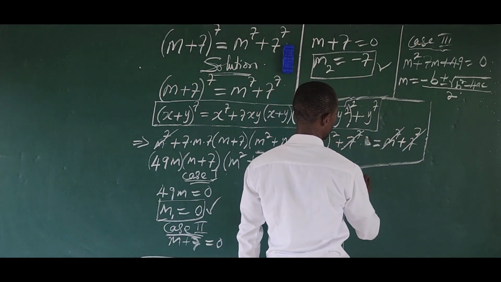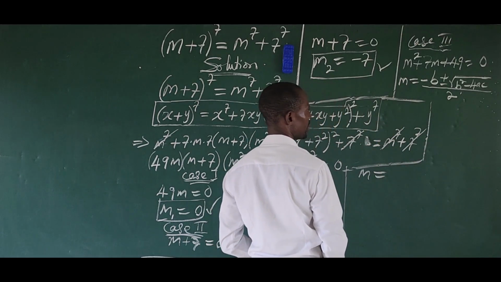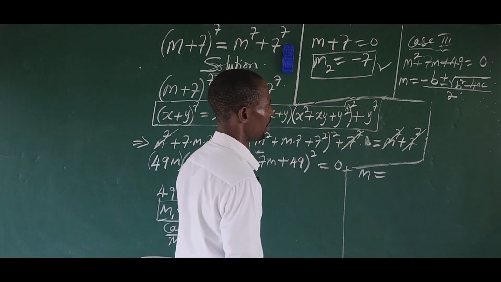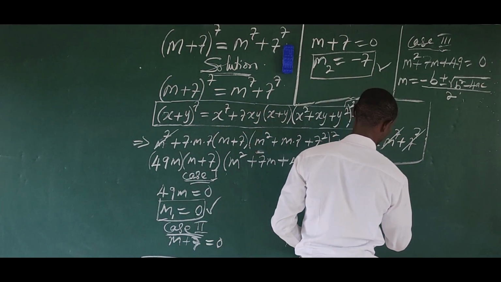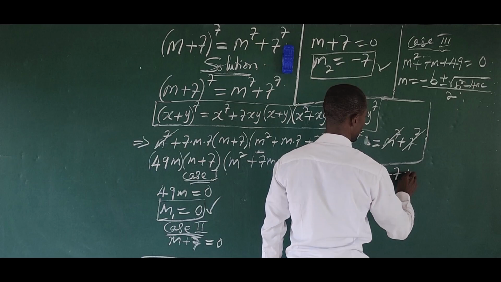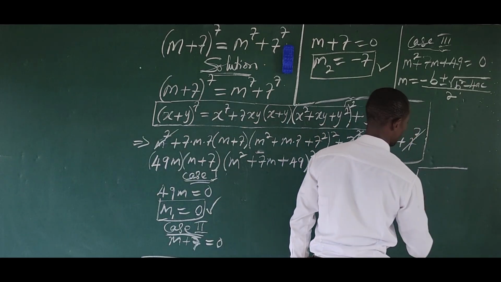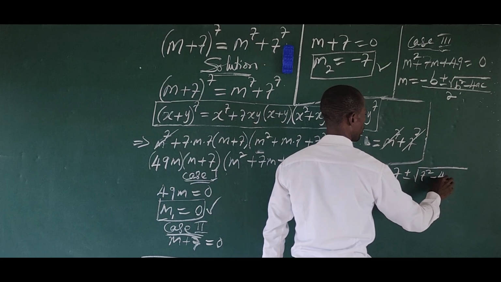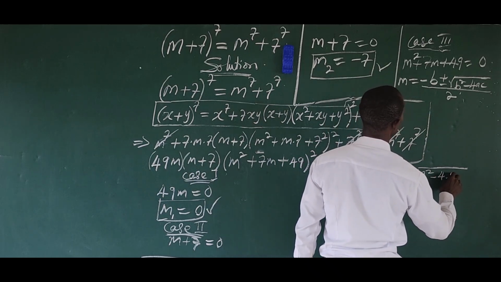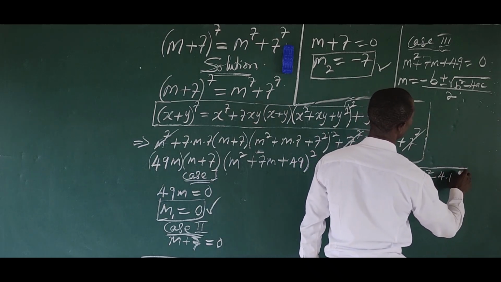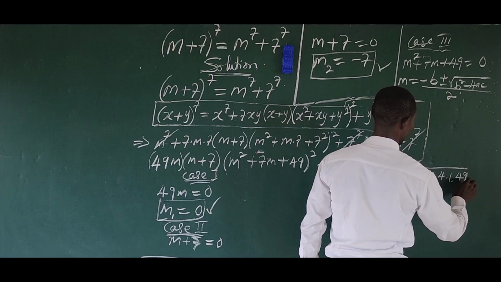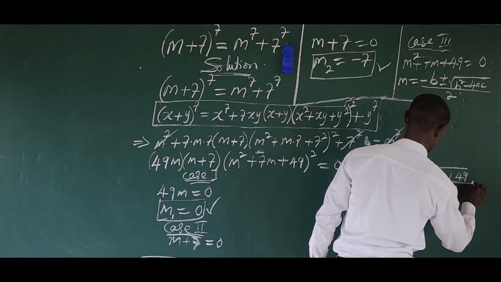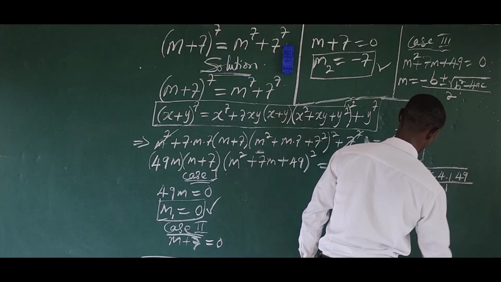So if we substitute, we're going to have our m will now be equal to, yeah, what is our b? Our b is 7. So we're going to have minus 7 plus or minus the square root of 7 to the power of 2 minus 4 times 1 times 49. Okay? Everything all over 2 times 1.